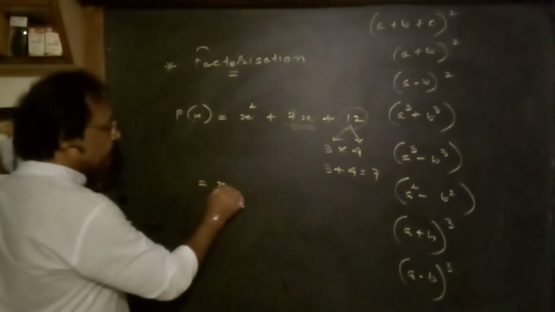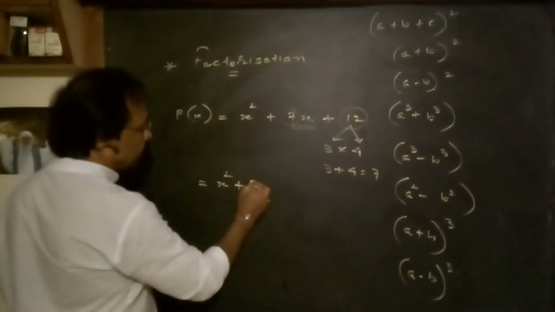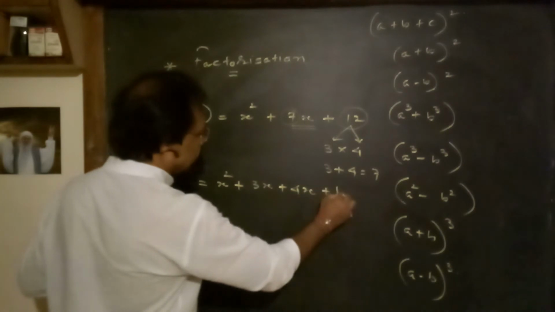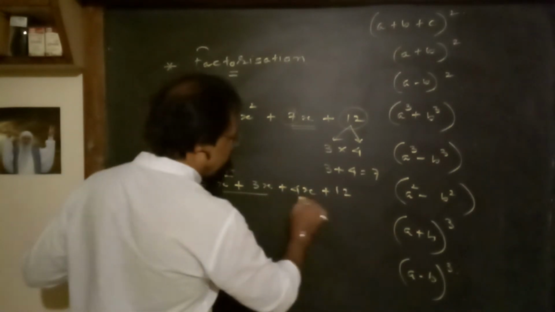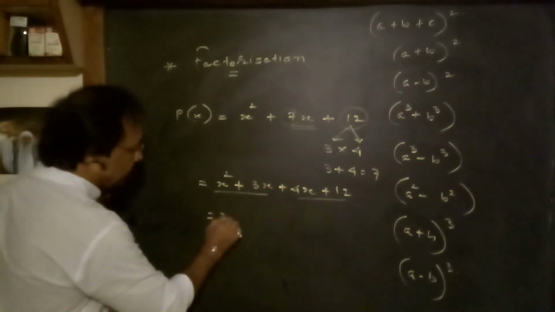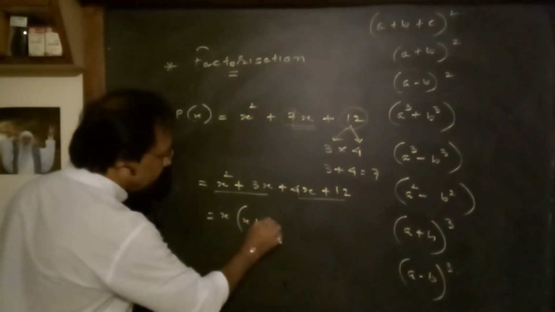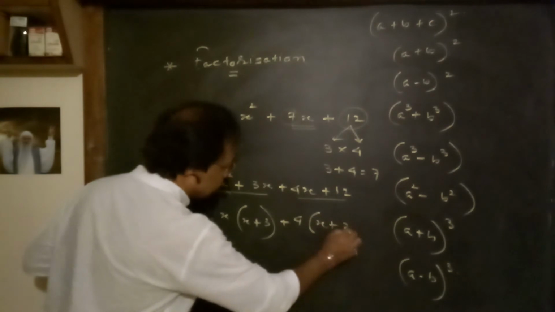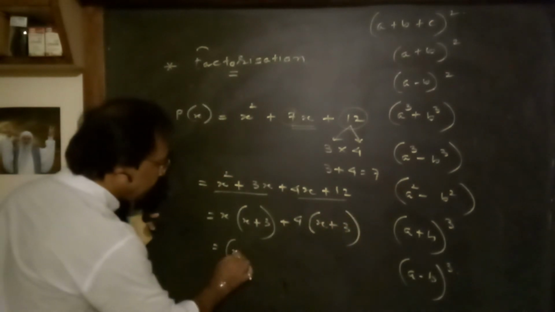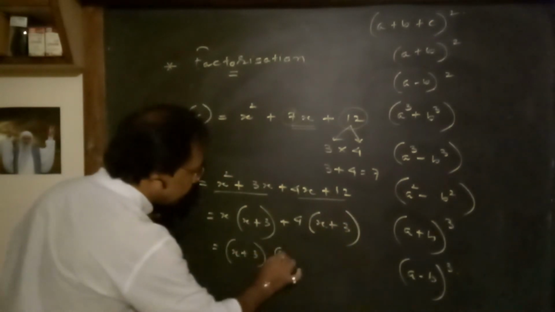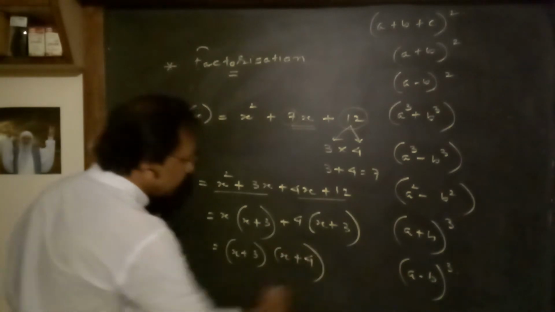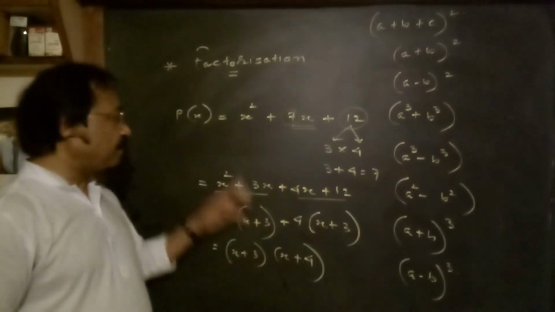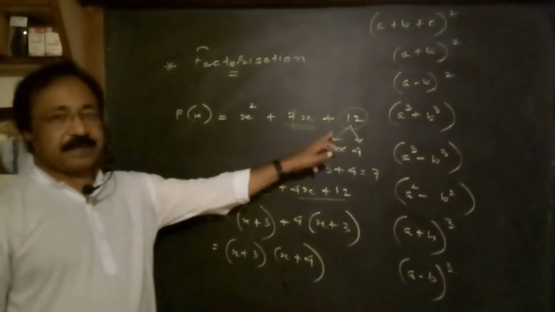Then we would write x square, instead of 7x, 3x plus 4x plus 12. Right? Then take x common, into bracket x plus 3. Then take 4 common, into bracket x plus 3. Then x plus 3 and x plus 4. What are these two? They are the factors of this polynomial x square plus 7x plus 12.